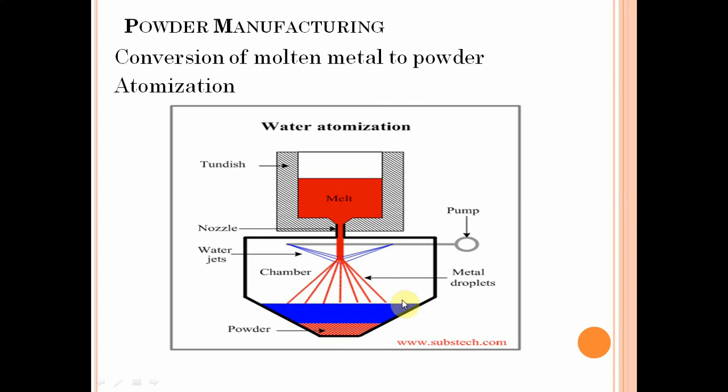It loses its liquid properties, meaning it is converted into a solid state. Small particles are collected at the bottom of the chamber. Here we see the powder is collected. So this is a simple, basic process of how metal is converted into powder.